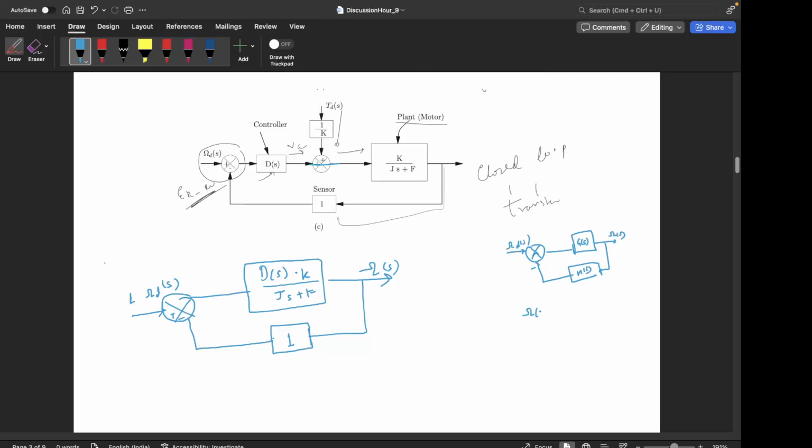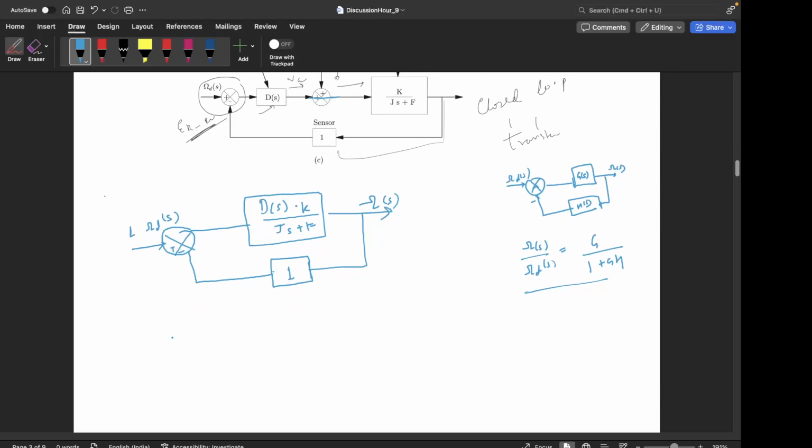The transfer function, which you can find out on your own also, becomes G by 1 plus GH. This is the transfer function where G and H are these two blocks. Now we will do the same for our case.